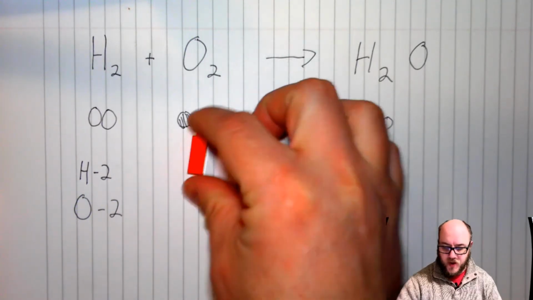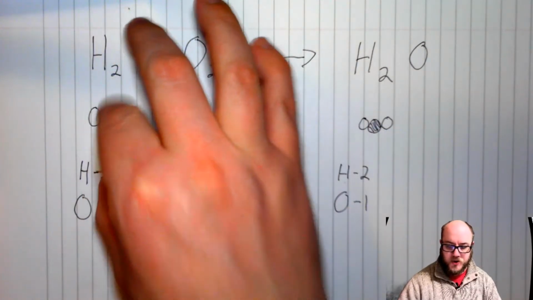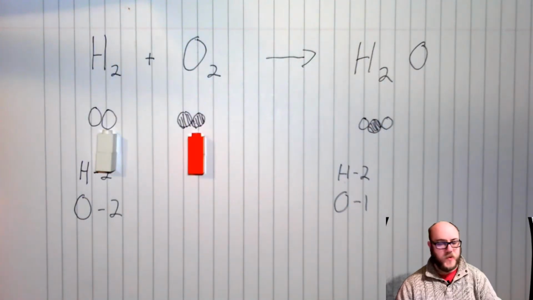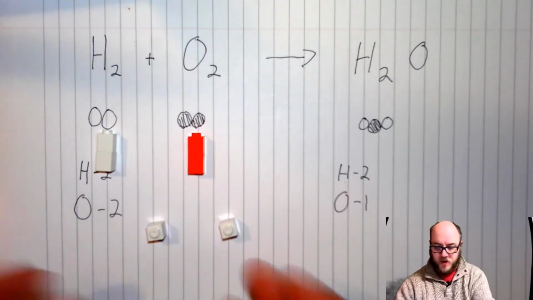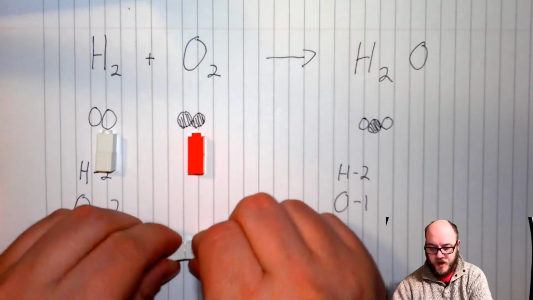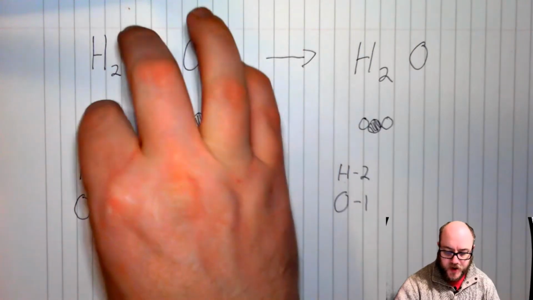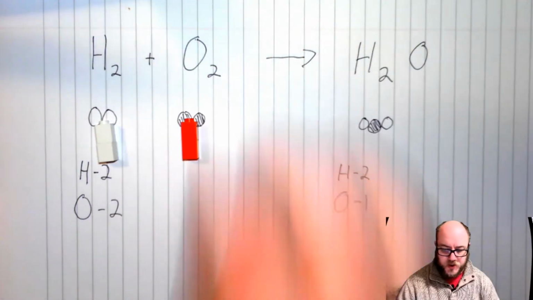So here is my oxygen molecule, and here is my hydrogen molecule. Now, each one of these is made up of 2 blocks. I lie them down, they're 2 square blocks, and I put them together to make the molecule. These are my reactants, my hydrogen molecule and my oxygen molecule.